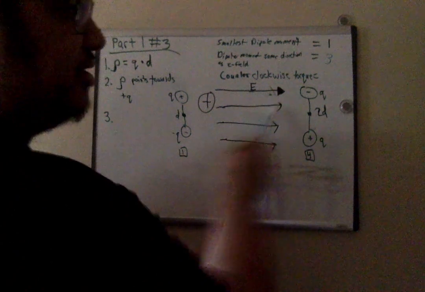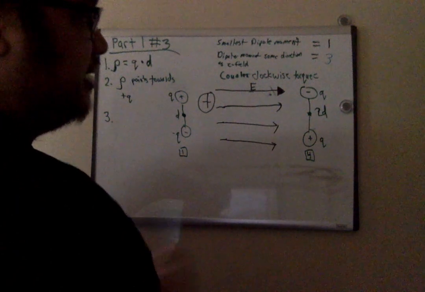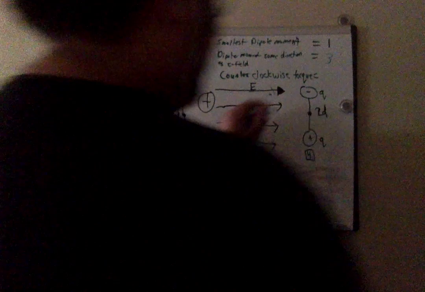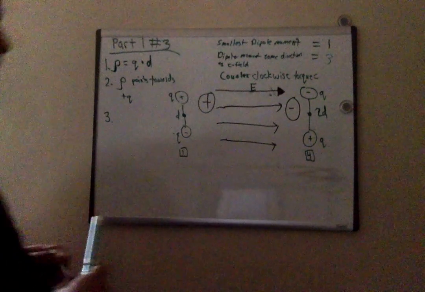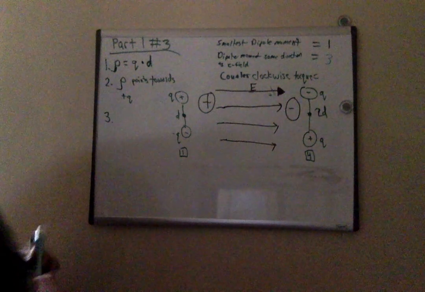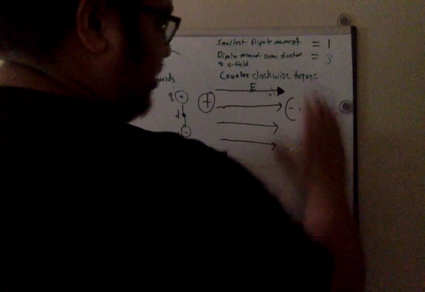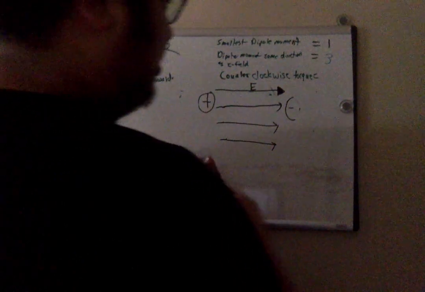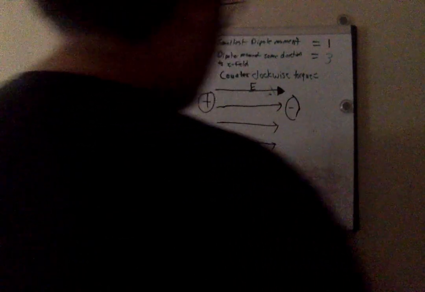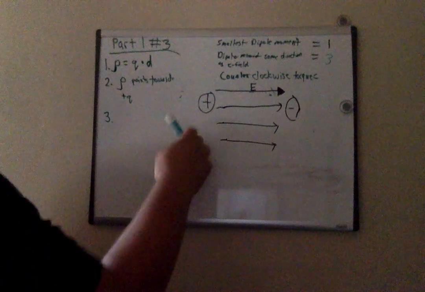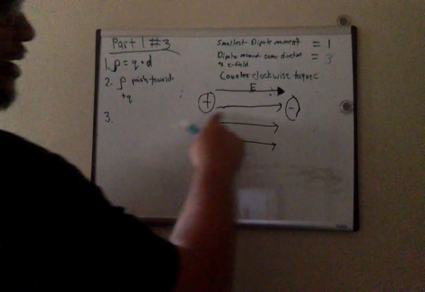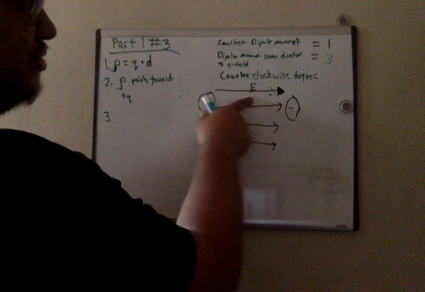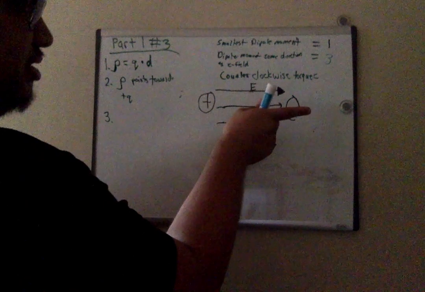But we also know that electric fields end on negative charges, so we could have a negative charge there. We don't know what's producing the electric field. But just by thinking about it, we can understand there's an electric field going this direction.